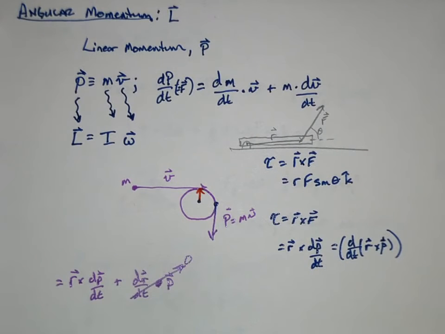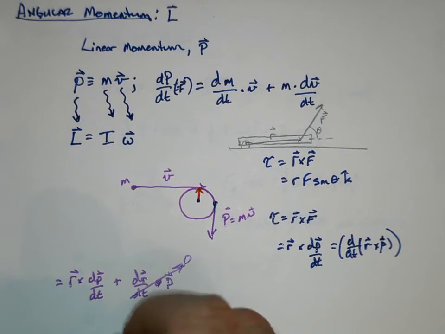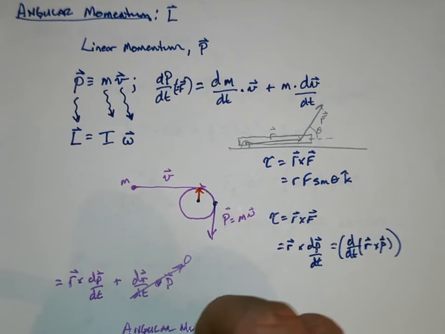And so this is constant, which gives us an angular momentum L that is defined as our radius crossed with our momentum. Okay, which also winds up being our radius times mv, which is also our angular momentum.